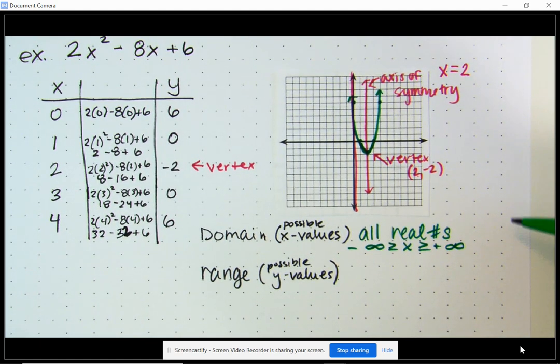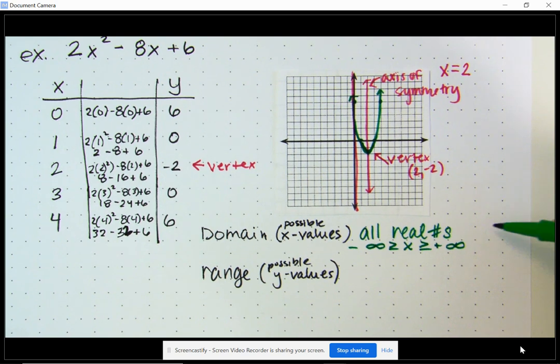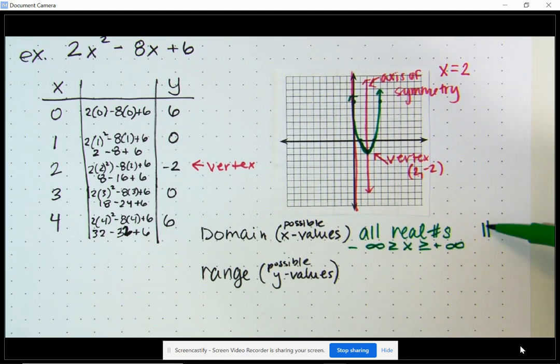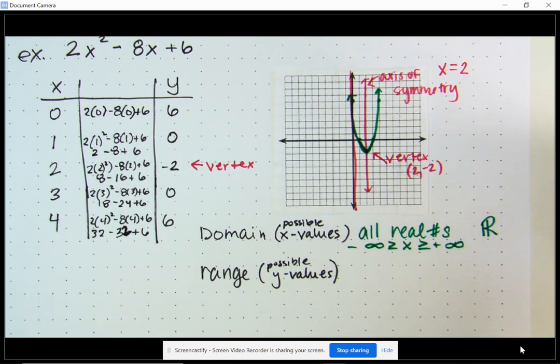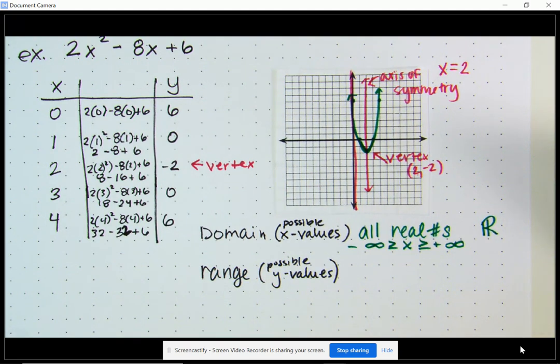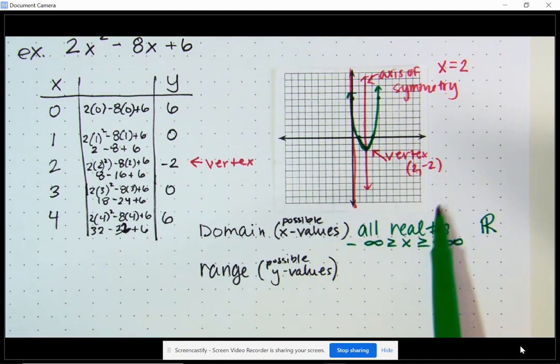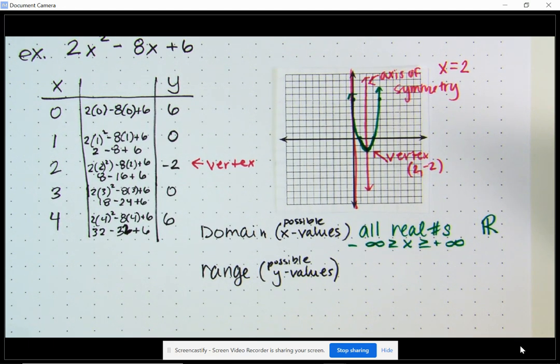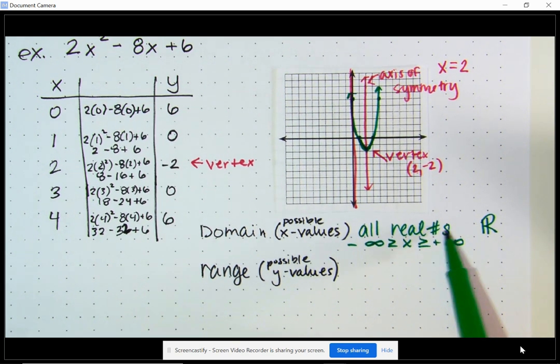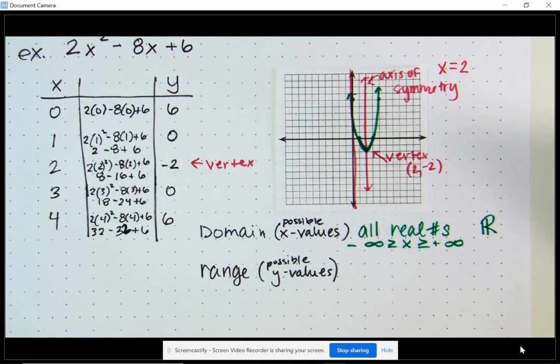Another way you might see all real numbers is an R, but instead of the single line for the side, it's a double line. Now in your assignment, all real numbers will be what you choose, but these are different ways to show all real numbers. Okay, so three different ways to express all real numbers.